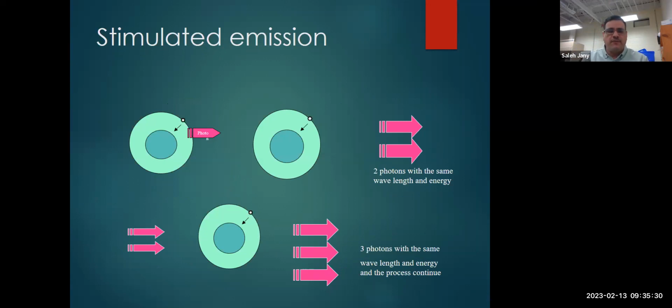When you hit an atom which is still excited, where the electron is in the upper level, with one photon, it will end with two photons with the same wavelength and the same energy. And these two photons will hit another one and will make three. They will hit another excited atom, and it will end with three photons of the same wavelength, same energy, and the process continues.